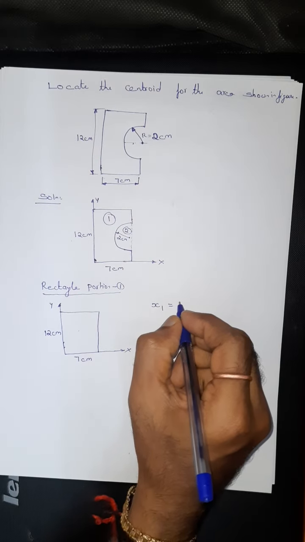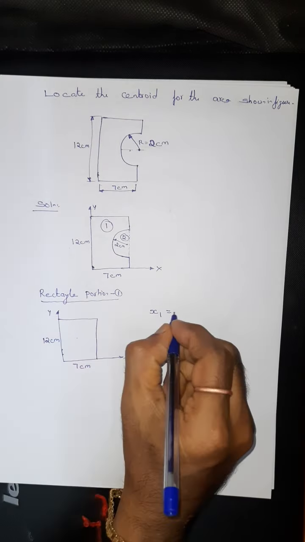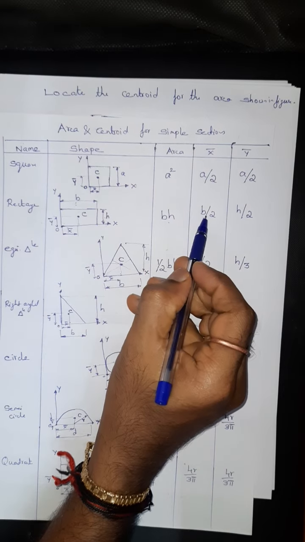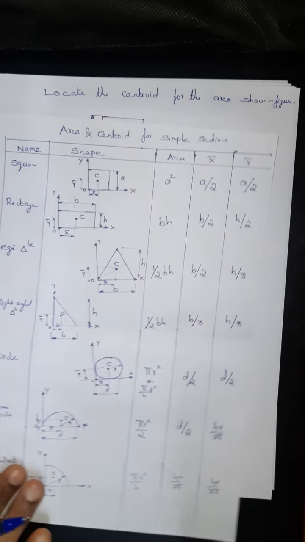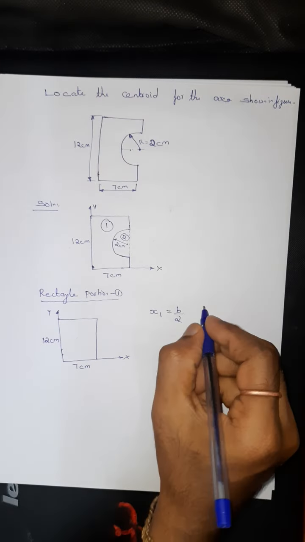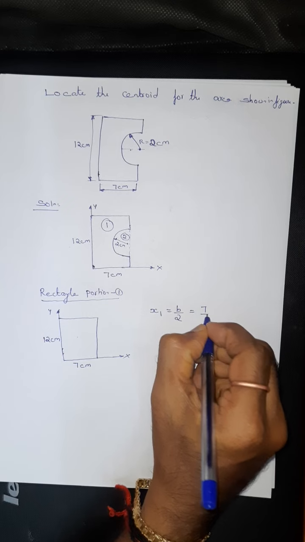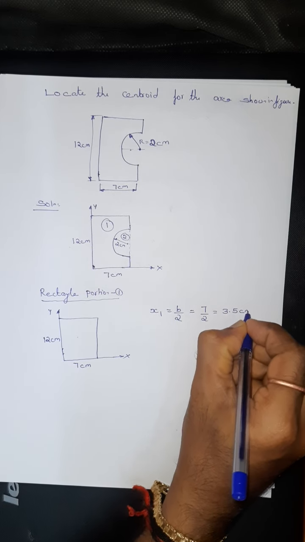You all know the formula for the rectangle portion, that is x bar is equal to b by 2, right? This is the formula which I taught you, that is b by 2 for x bar and h by 2 for y bar, and the area is bh, right? So x1 can be written as b by 2. B is 7 centimeter, 7 by 2 is 3.5 centimeter.